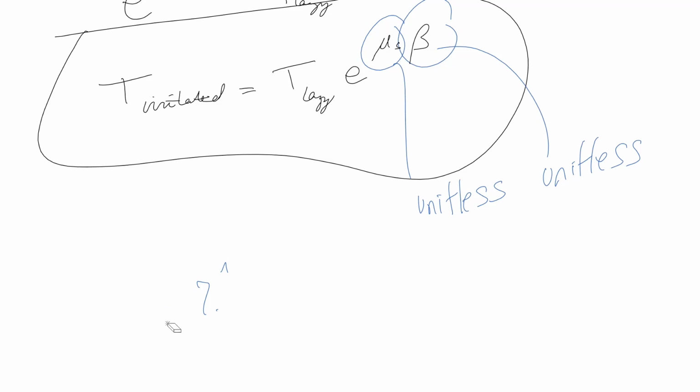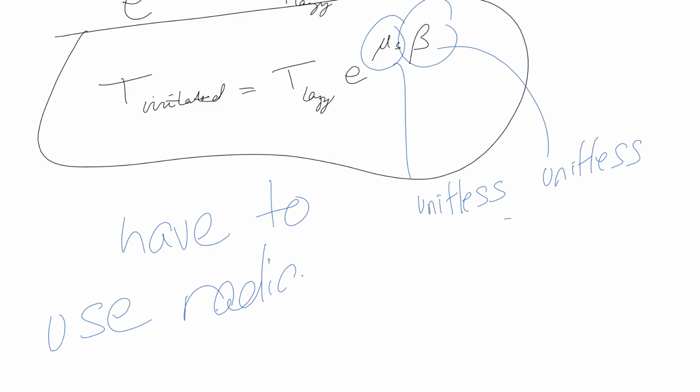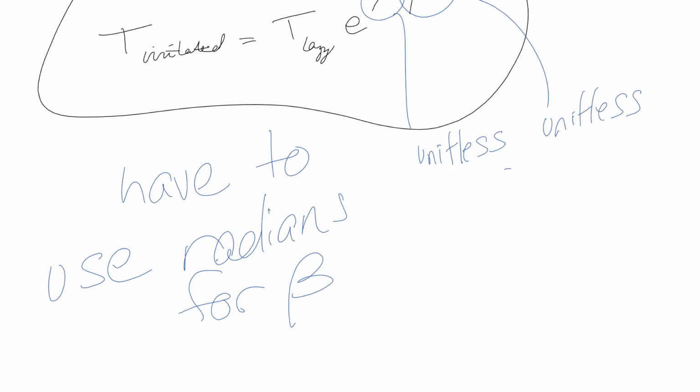So you have to use radians for beta. If you don't, you're going to have some kind of unit in an exponential, and you really want this to be unitless, because this is newtons and this is newtons, or this is pounds and this is pounds. So you don't want any units coming from that exponential.